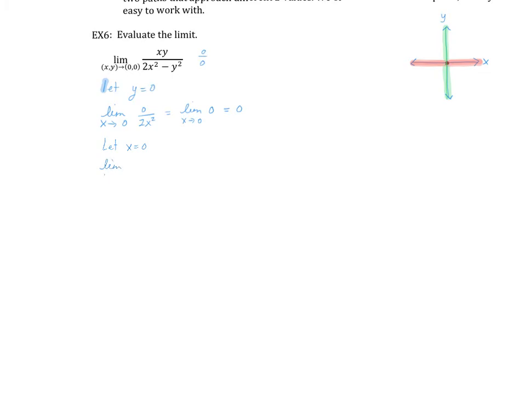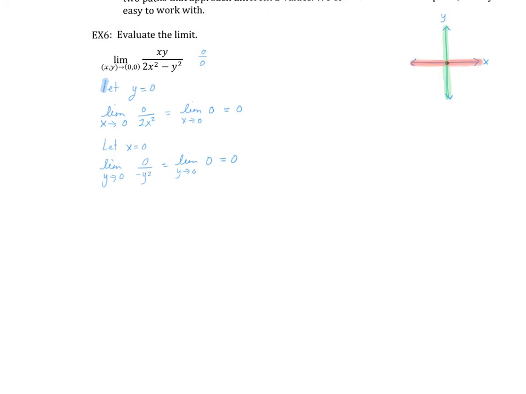Since x is 0, I only need to look at the y value approaching 0. This is 0 over negative y squared, which is simply the limit as y goes to 0 of 0. That's equal to 0.